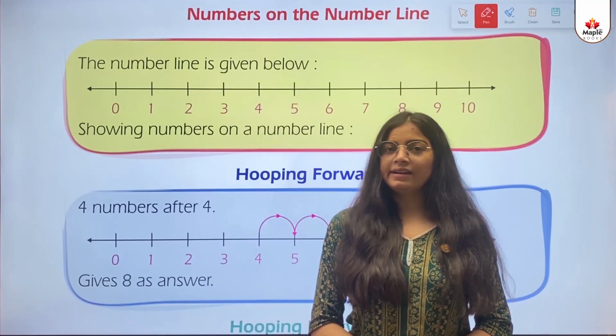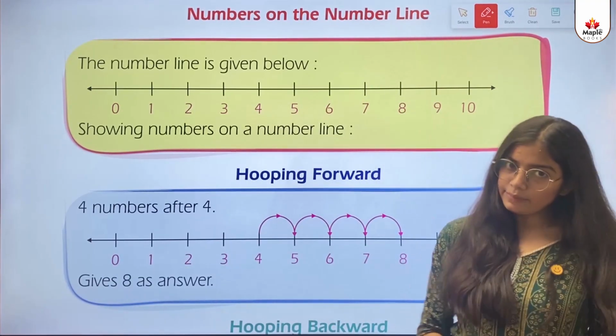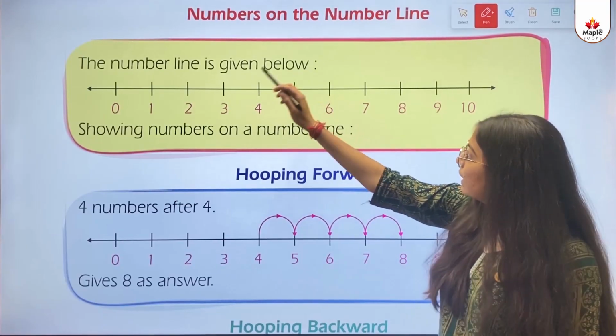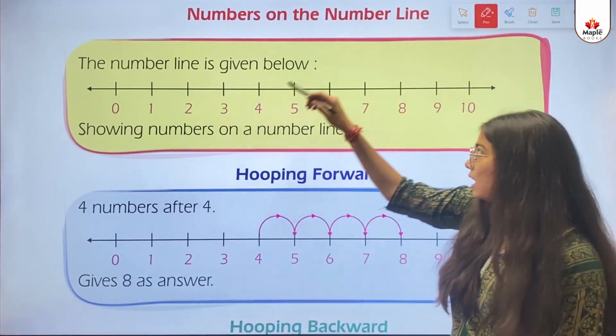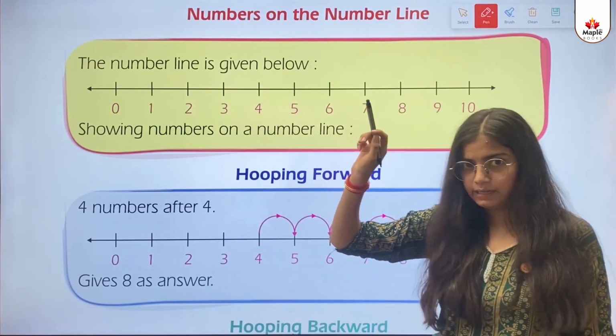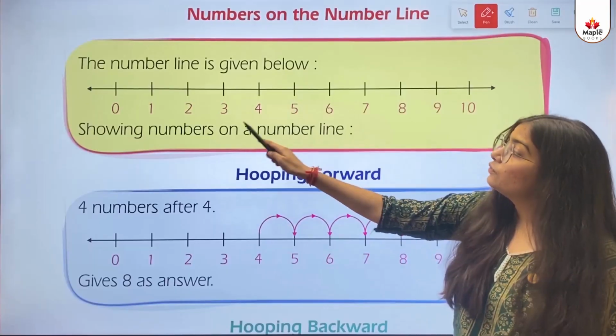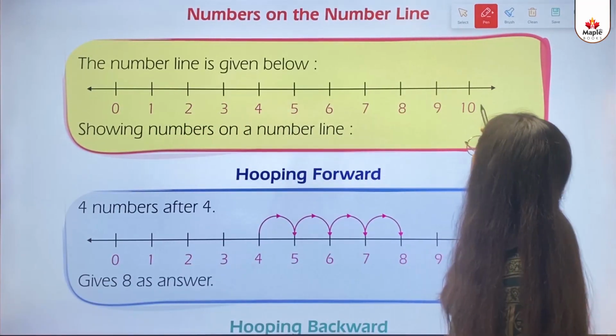So kids, our next concept is numbers on the number line. The number line is given below. So kids, as you can see, there is a figure given. This figure is called a number line. Clear? It shows numbers ranging from 0 to 10.